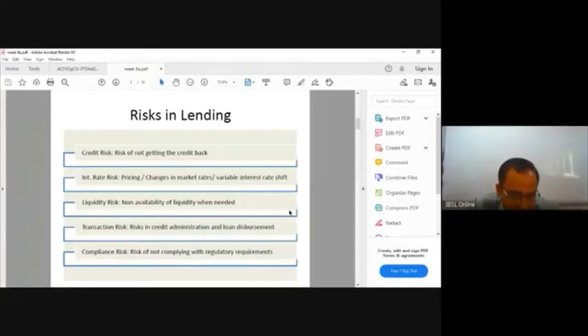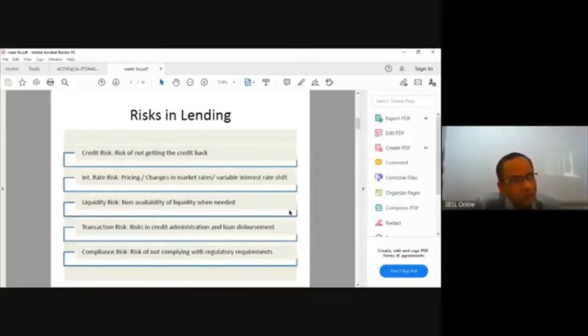Reserve ratio, in the current scenario, about 2.5% is kept. Then for the liquidity ratio, you need to keep 20% of your liabilities in highly liquid assets, so that they can be turned to liquidity immediately.